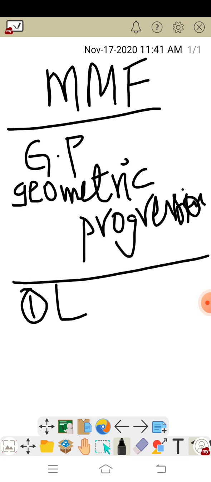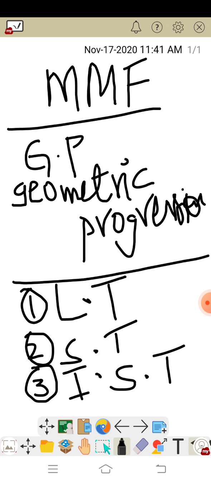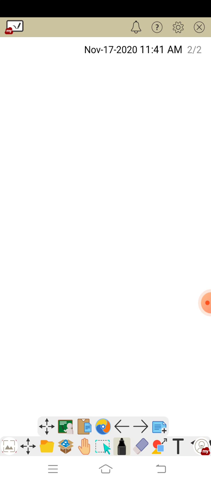First one is, what is the last term? Next one, what is the sum of terms? Next one, sum of infinity terms. Okay, now see here, we'll see one example.